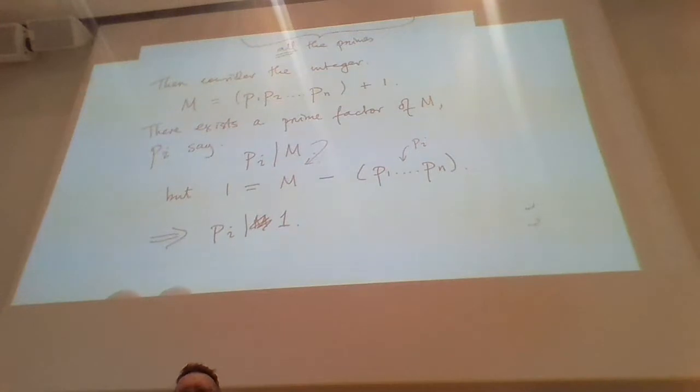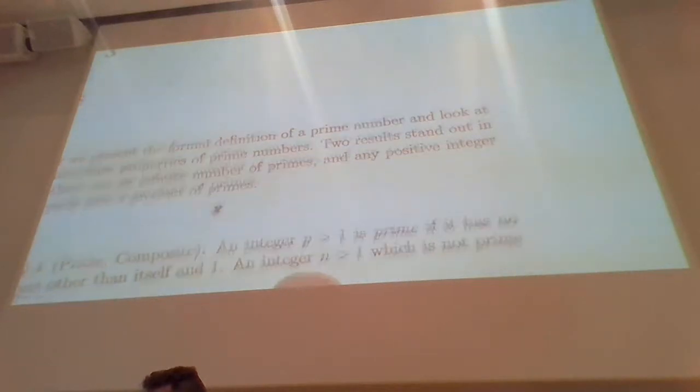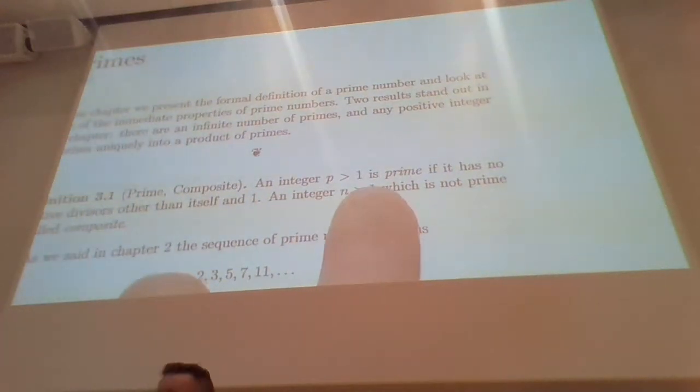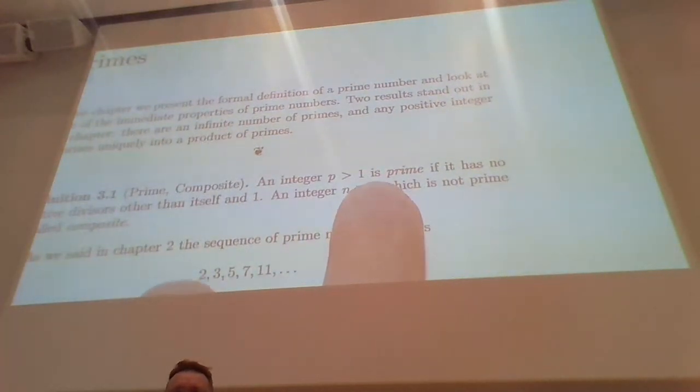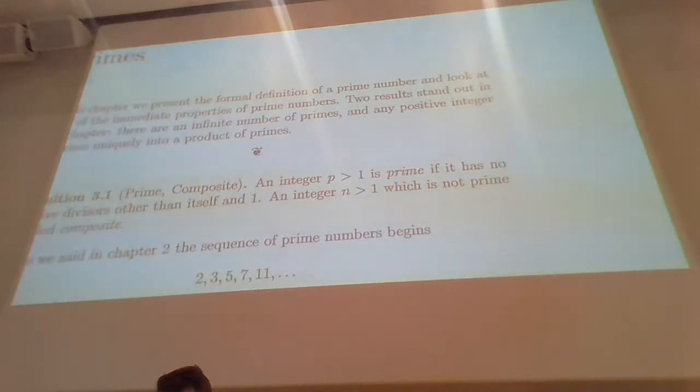Now, what do you think of that? A prime number that divides 1. Is that okay? Definition 3.1. What is a prime? A prime is strictly bigger than 1. That's the first part of its definition. These are the first few: 2, 3, 5, 7.